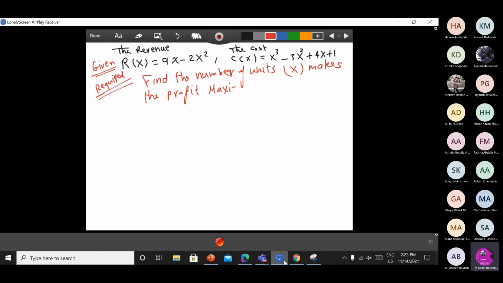This is the question. So I have to read the question very carefully to know what is required and what's given. Now he's asking about the profit.